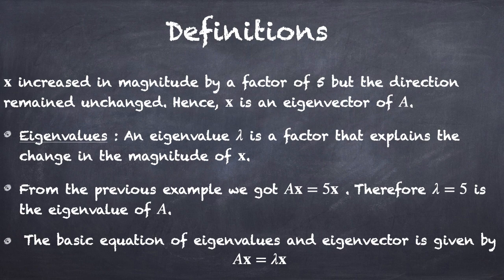And now let's move on to eigenvalues. So suppose, again, we have the same vector and the same matrix. So we did the multiplication A times x, and we got 5 times x as the answer because we factored out the 5 in that case. So an eigenvalue lambda is a factor that explains the change in the magnitude.